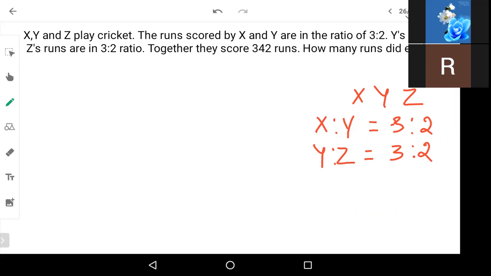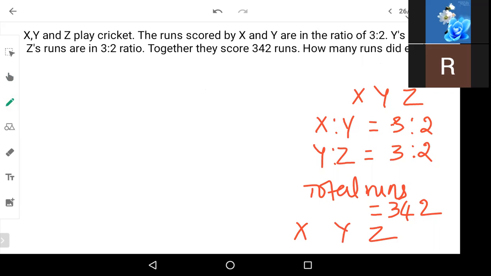Total runs that they have scored is 342, because it says together they score 342 runs. So we are supposed to find out separately how many runs X scored, how many Y scored, and how many Z scored. Okay, so this is our question.